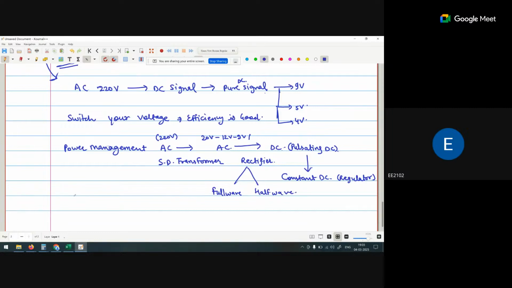If my AC signal is like that, it will convert the signal either in this form for a full wave or in this form for a half wave. You remember this particular rectifier?